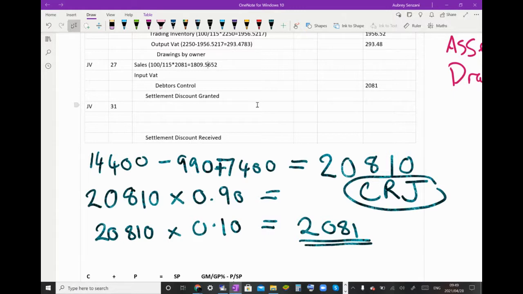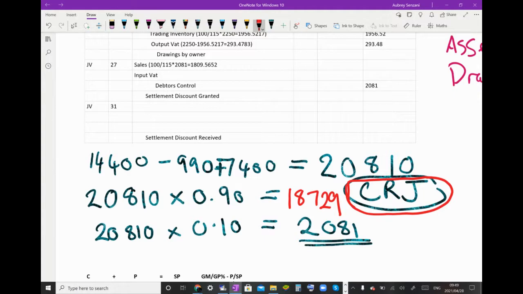Just so that we get the full picture of what's going on here. Should be about maybe 18,000 something. 729. Okay. So like I said, this 18,000 is going in the cash receipts journal.